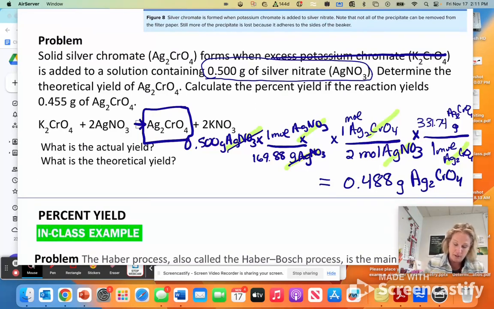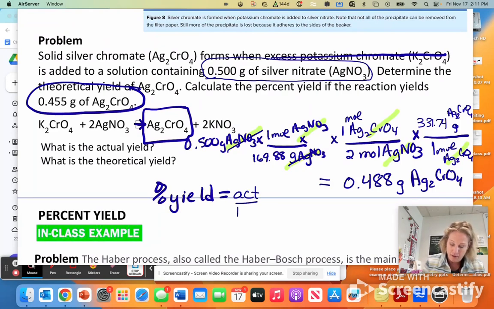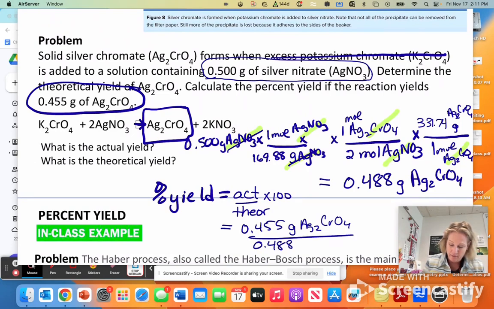My actual yield is right here. So my percent yield then is going to be the actual over the theoretical times 100. So it would be 0.455 grams of silver chromate over 0.488 grams of silver chromate. And then we multiply by 100.